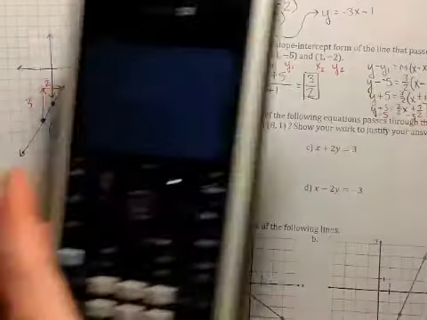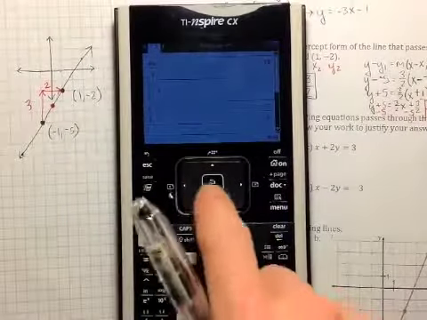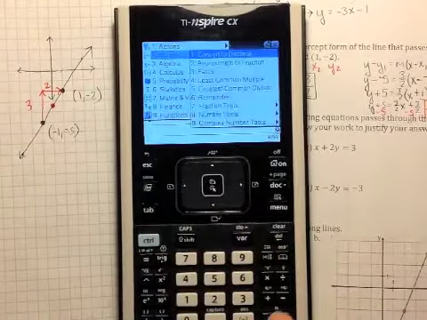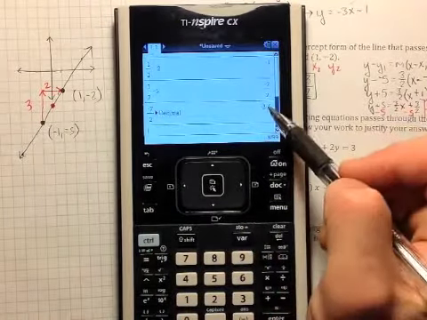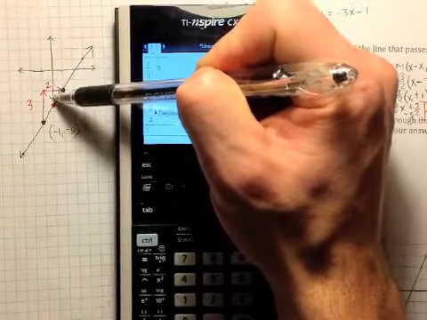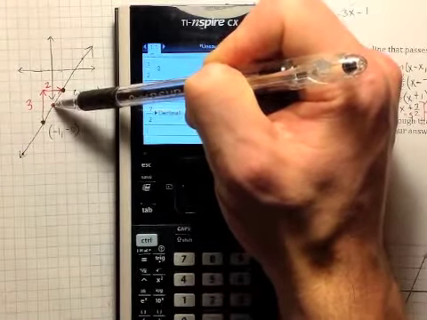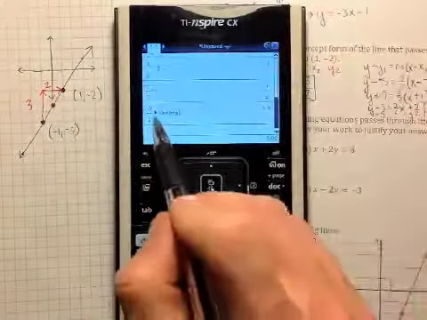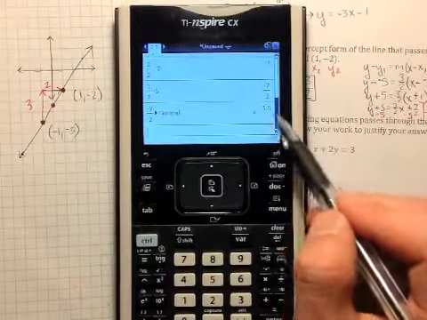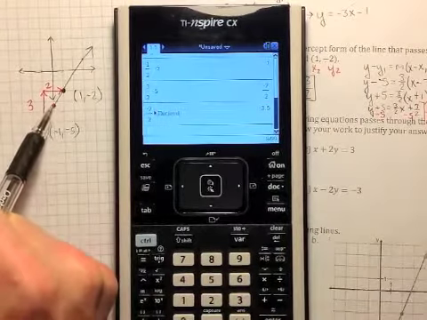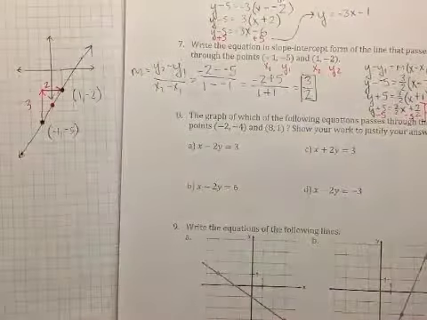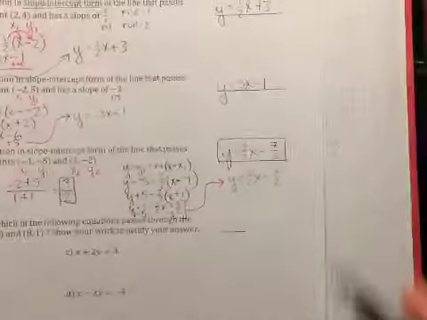And actually, let's take negative 7 over 2 and let's convert it into a decimal, negative 3.5. And look at that. 1, 2, 3.5. So it appears that our y-intercept, negative 7 over 2, which is the same thing as negative 3.5, appears to match what we've graphed right here. Okay? Alright, that wasn't too bad at all. We just double-checked ourselves. Okay?